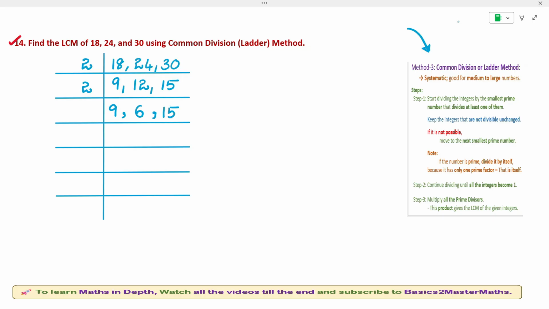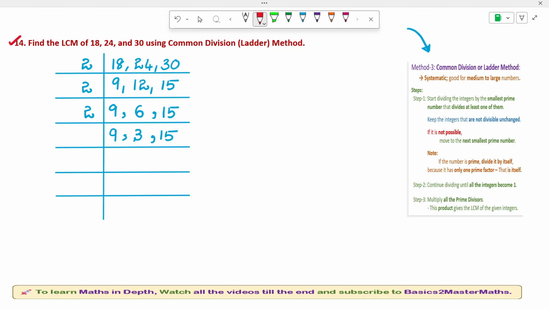Again, start dividing 9, 6 and 15 by the smallest prime 2. Since 2 divides only 6 exactly, we get 3, while 9 and 15 remain unchanged.